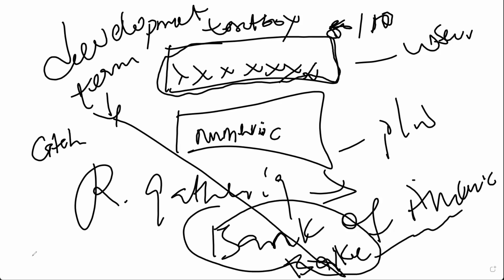So wrong spellings can also lead to bad development, and it causes a bug in the system. Requirement gathering, wrong spelling, wrong requirement gathering: if the business team gathered a wrong requirement, that can also give you a bug in the system.